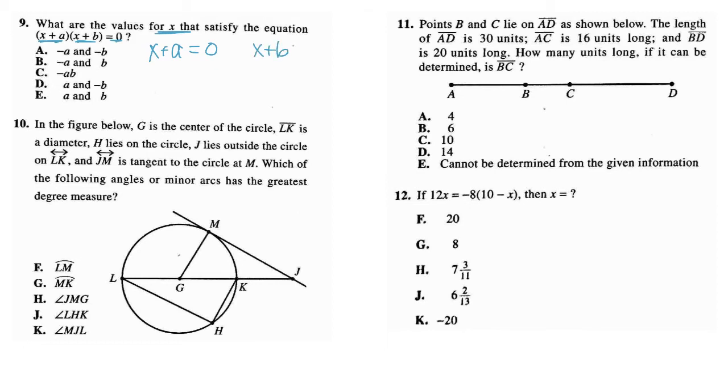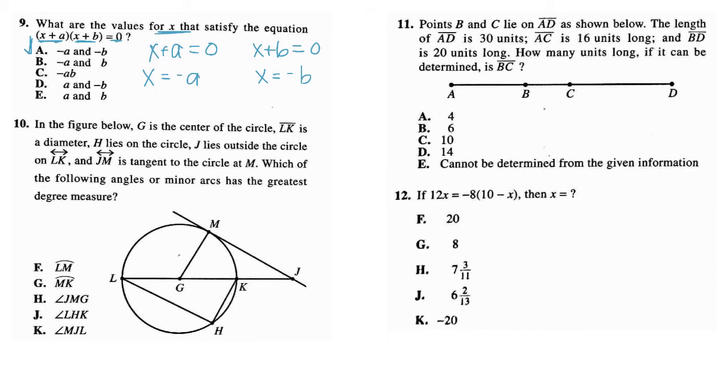So the same idea here, we're going to set both parts equal to 0 because one of the two had to be 0. And if we solve the top equation, we get negative a. And over here, this other equation, we get negative b. So let's see. That's going to give us answer choice A.